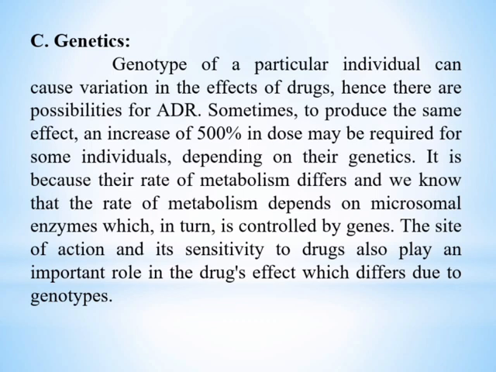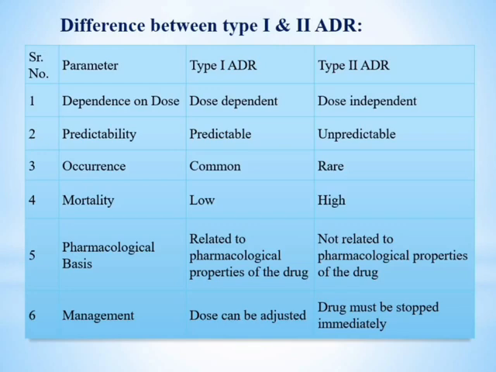It is because their rate of metabolism differs, and we know that the rate of metabolism depends on microsomal enzymes, which in turn is controlled by genes. The sites of action and their sensitivity to drugs also play an important role in the drug's effect, which differs due to genotypes.